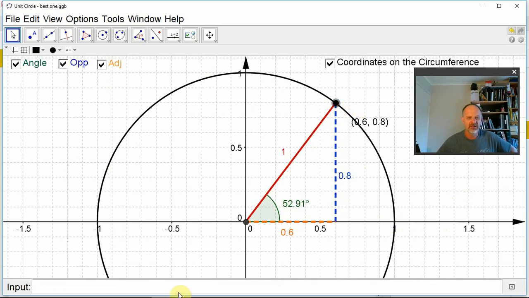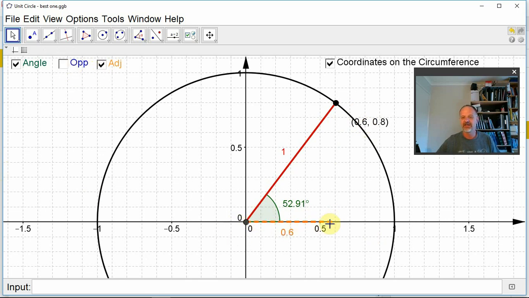So here I've got a circle, again a unit circle, 1 unit here. And here it says this is 52.91 degrees. So by definition of where the sine and the cos came from, we've got a point here which has an x and a y coordinate, and the x coordinate is our adjacent side length.